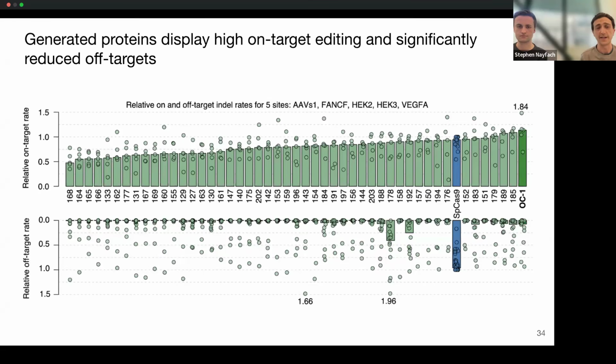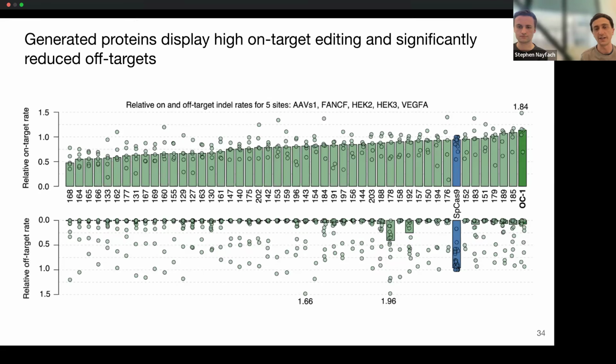The top of the figure is a measure of the on-target activity rate, and the bottom part is the activity at off-target sites. Both plots are normalized to SP-Cas9's activity rate.